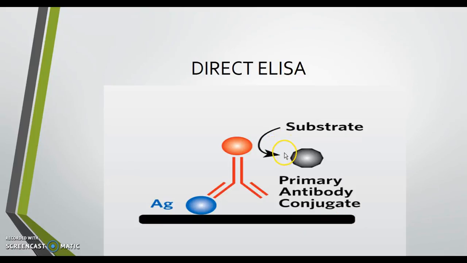After adding the substrate to the wells, it will form a product which leads to a color change, depending on the quantity of the antigen in the reaction.